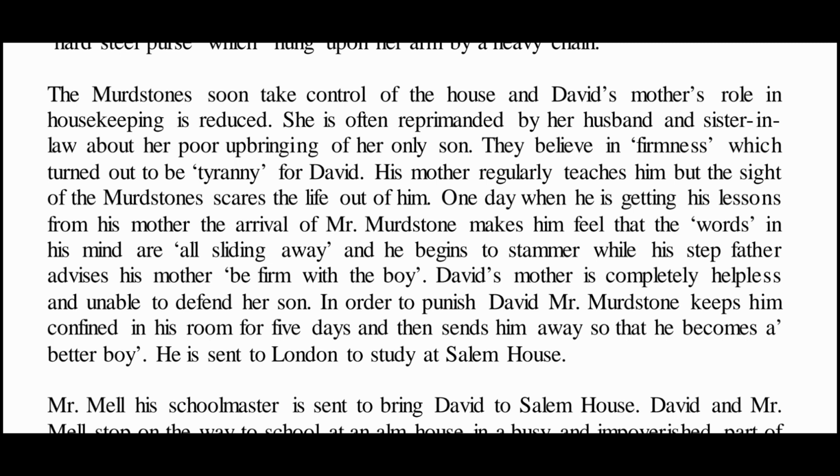David's mother is completely helpless and unable to defend her son. In order to punish David, Mr. Murdstone keeps him confined in his room for 5 days, and then sends him away so that he becomes a better boy. He is sent to London to study at Salem House.